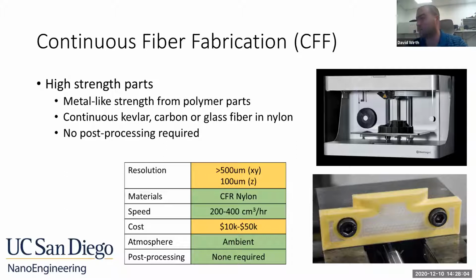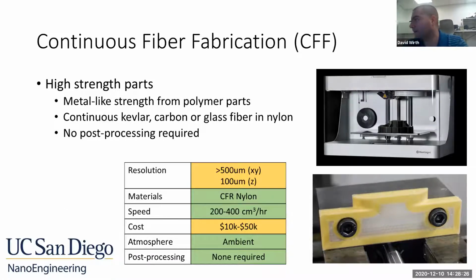So with this method, you can get parts that are comparable to aluminum in terms of mechanical strength without any post-processing. Yeah, pretty much the same method as FDM. It's more expensive, same kind of resolution limitations, but you don't need any post-processing or inert atmosphere or any of that.